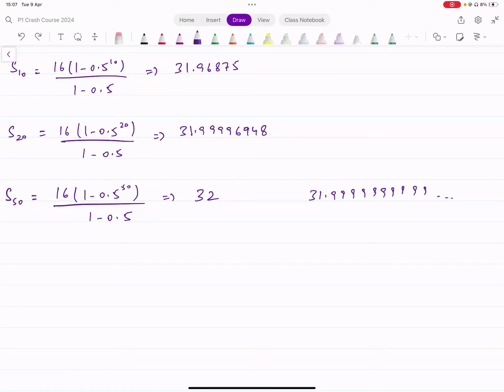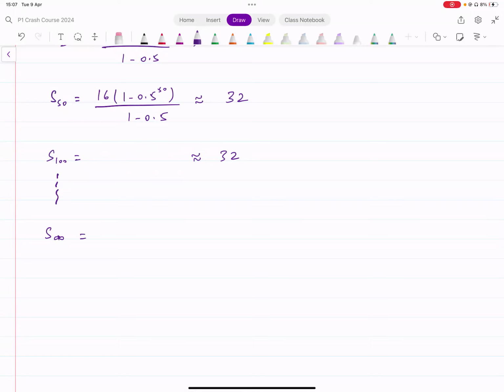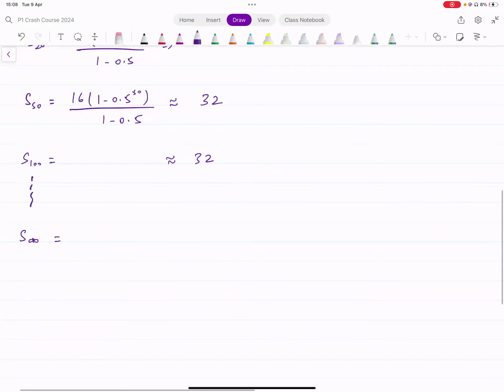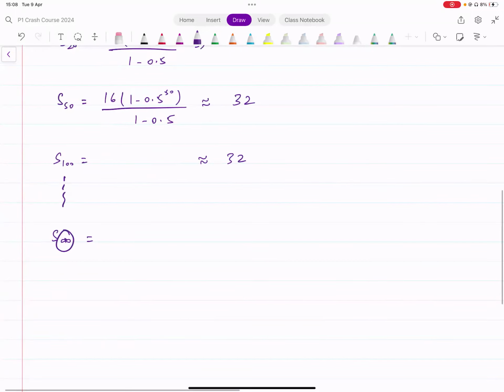And if you would try any other number now, even if you were to try S100, the sum of the first 100 terms, you would realize that's also 32. It's not changing anymore. So sum to infinity means that if this sequence was to continue forever, we say S infinity, what would be the sum of all of these values?